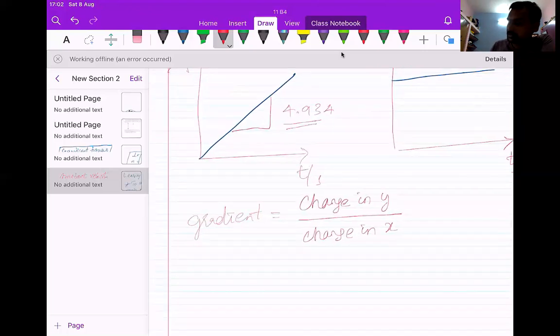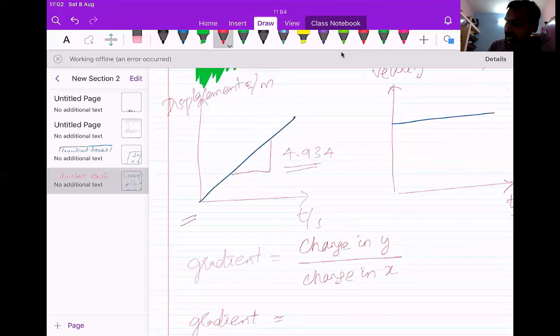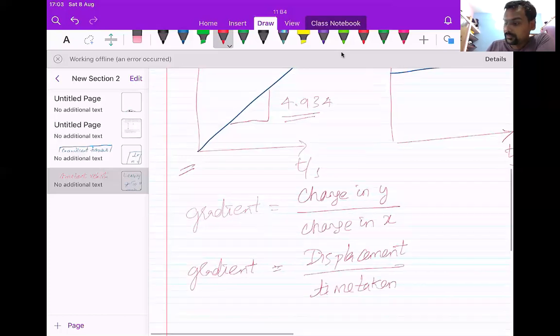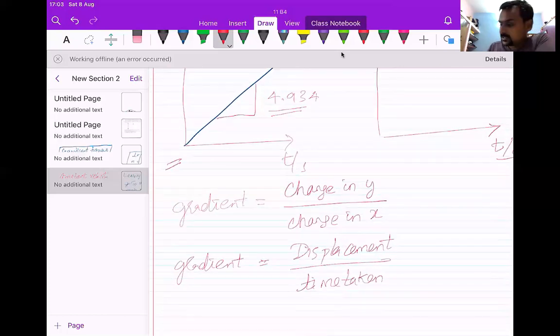So over here from the graph, if I have to write the gradient in terms of the values which you have plotted, I have change in y to be nothing but displacement by time taken. So we know that displacement by time taken is nothing but velocity.